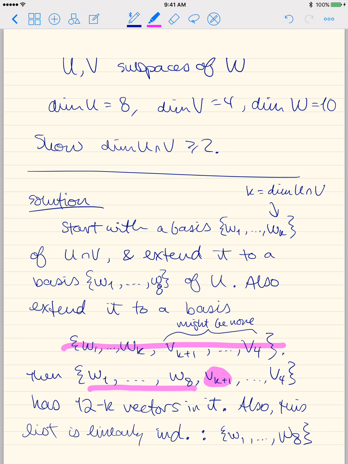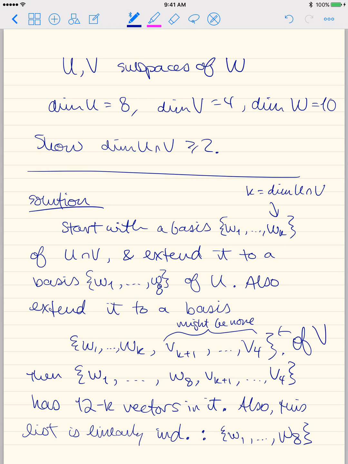So if it were in the span of the first k W's, we would have already had a problem when we cooked up this basis of V. Oops, I didn't write that. Sorry. That was a basis of V. Okay, but how do we know that it's not in the span of all 8 W's?